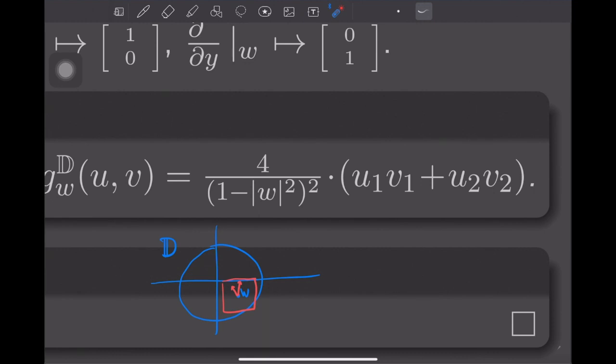In other words, when I stand close Euclideanly to the unit circle, things become very large, and close to the center, things are close to the Euclidean sizes.